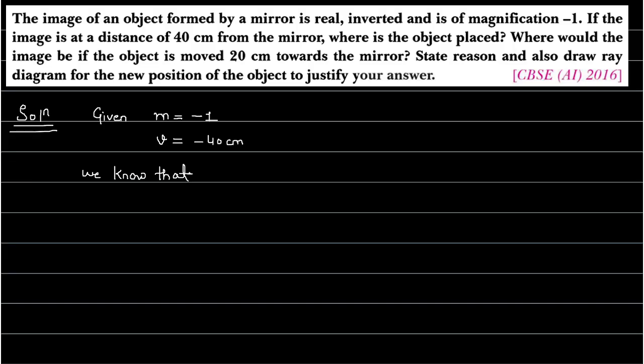We know that m is equal to minus V upon U for a mirror, right? M is given as -1. V we also know is -40 and U we don't know. So definitely from here U comes out to be -40 centimeter.